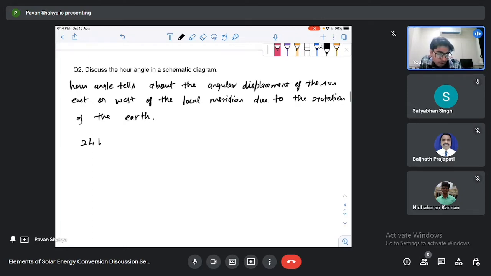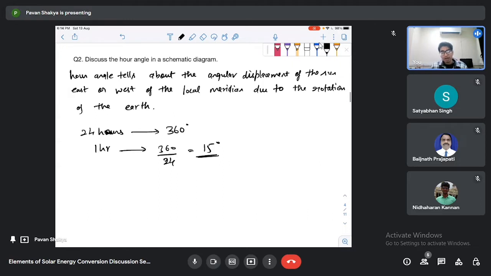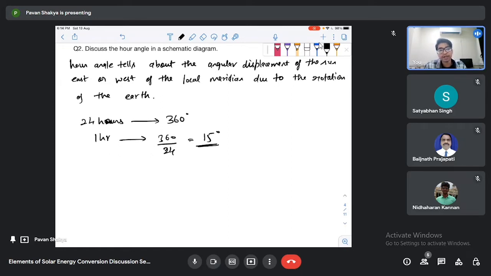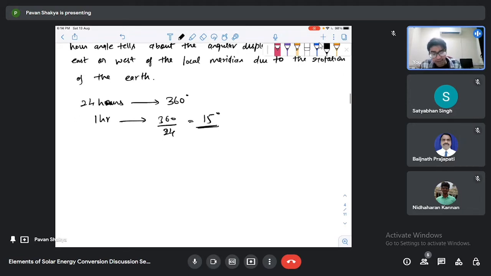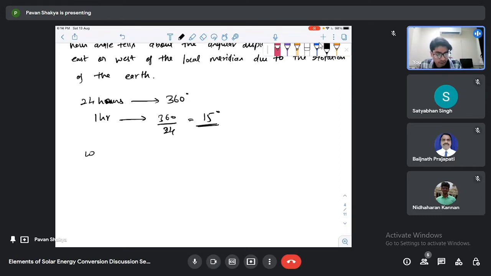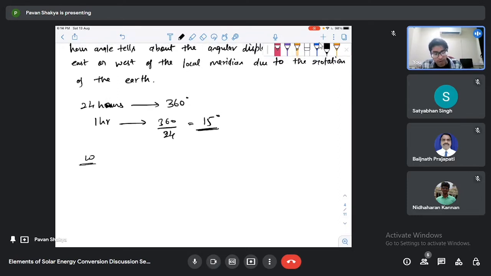So in 24 hours, the Earth rotates 360 degrees, so in 1 hour it will rotate 15 degrees. So the hour angle is connected with how much the Earth is rotating in a particular time. The hour angle is denoted as omega, or we can say w.